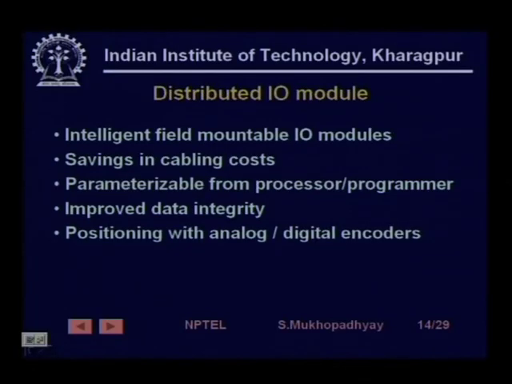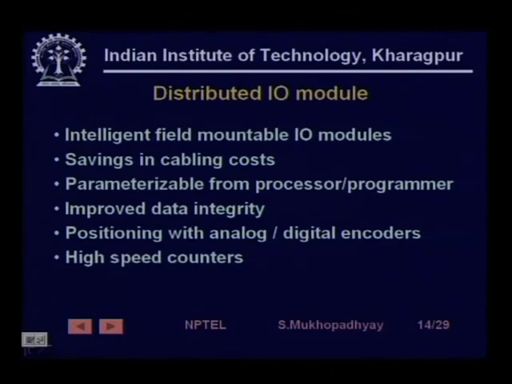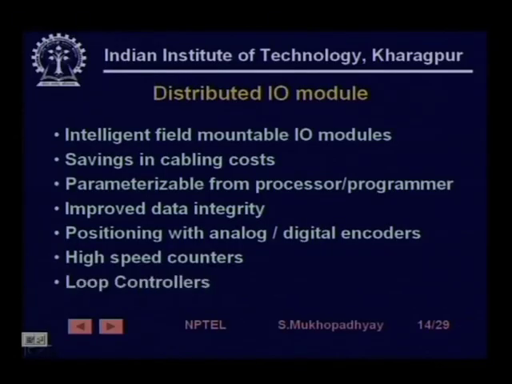So, they are typically used for applications like very close positioning with analog digital encoders, which requires frequent sampling and frequent slow output generation, very difficult to do with the central processor because it will get loaded. High speed counters, which need to count high speed events like fast moving shafts, angle pulses.